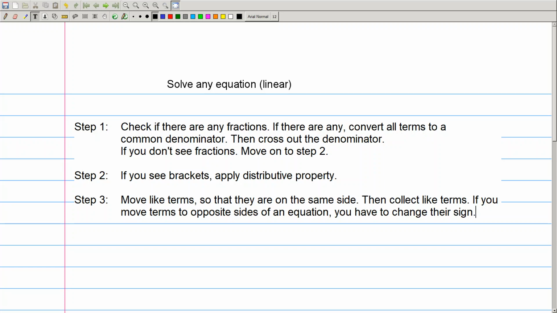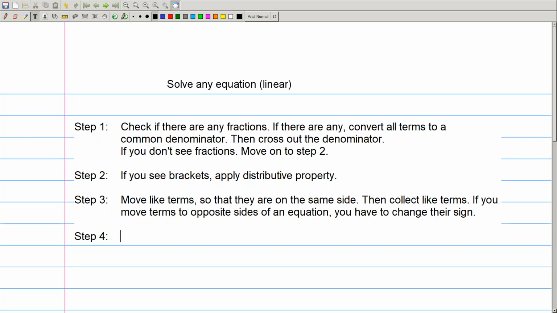Okay, that's important. So if you have, let's say, minus 2x on one side and you move it to the opposite side, that's plus 2x. What you're really doing there is you're adding 2x to both sides. You're doing opposite operations the whole time. But for whatever reason, what I find is students respond better to just saying move the term to the other side, provided that you change the sign. So I'm just going to run with that.